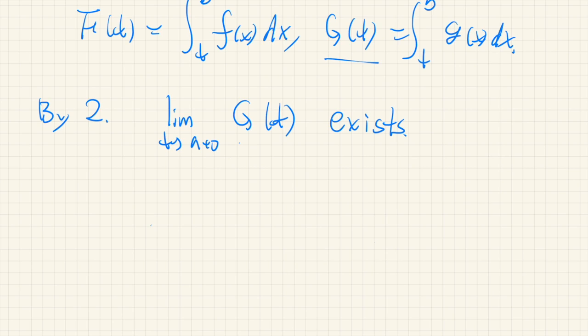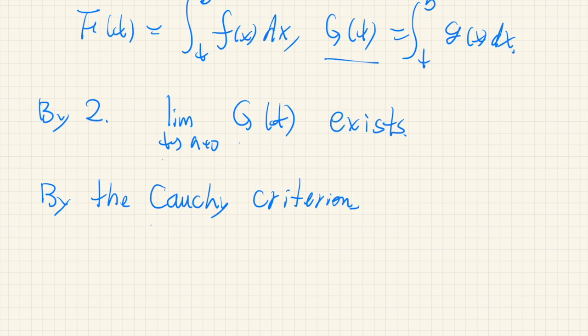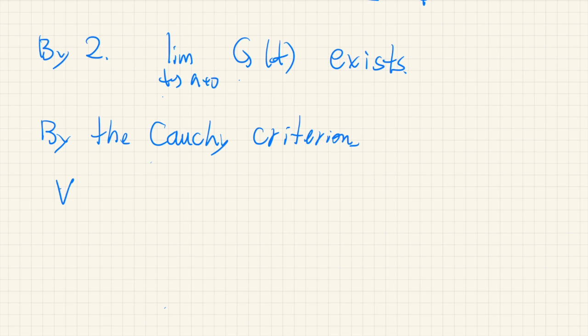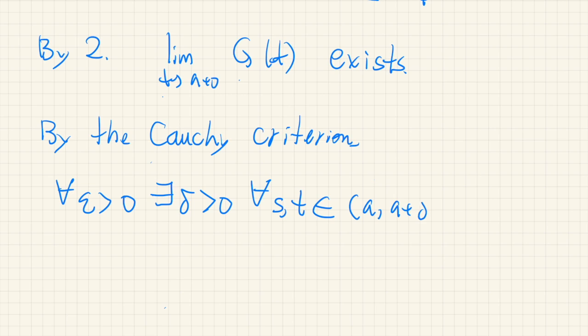And since this function converges when t goes to a from the right, then by the Cauchy criterion, for any epsilon that is positive, there exists some delta that is positive, such that for all s and t in the interval between a and a plus delta, the difference between G of s and G of t is less than epsilon.